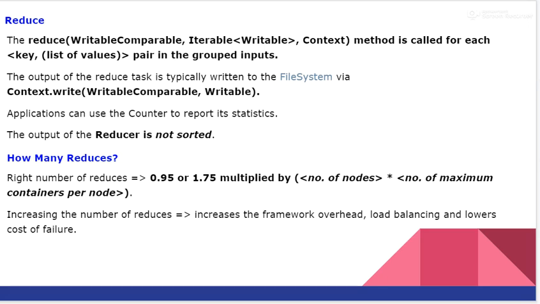So say if you have two nodes and a maximum of two reduce containers, you can have between 2 and 8 reducers. This is just a guideline, but based on your data volume you will be able to make a better judgment.